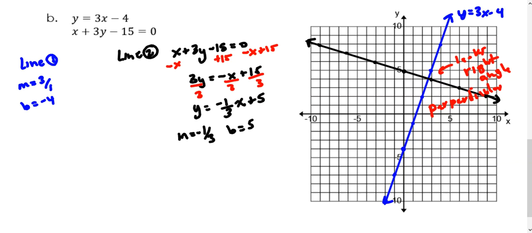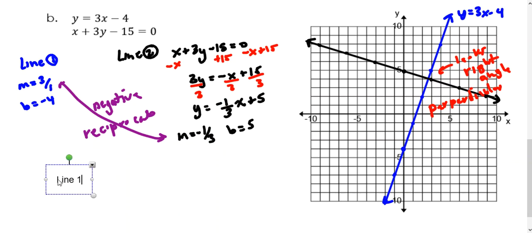Okay, because these two slopes here are negative reciprocals. All right, because 3 over 1, if I do the inverse, becomes 1 over 3. This becomes positive to negative. Therefore, they're perpendicular. All right.